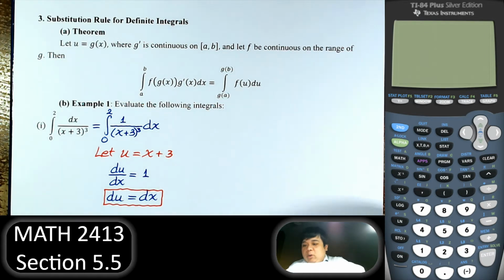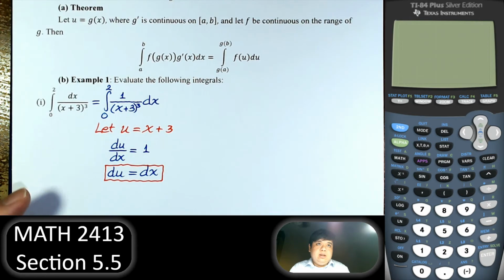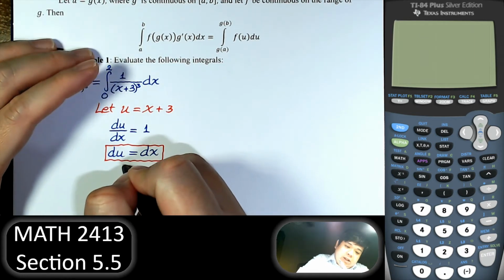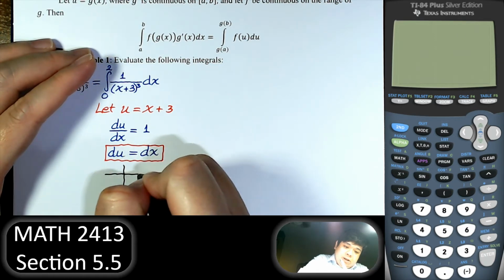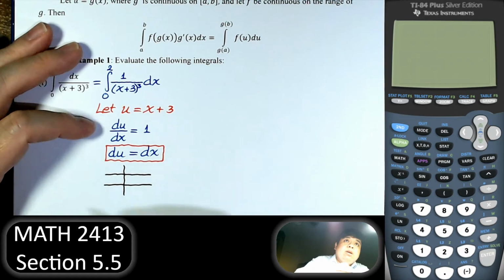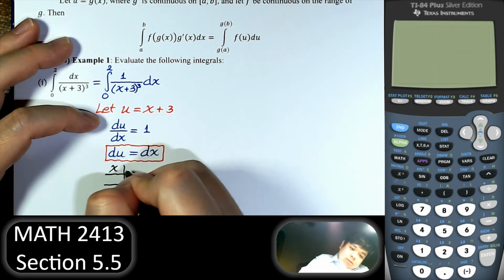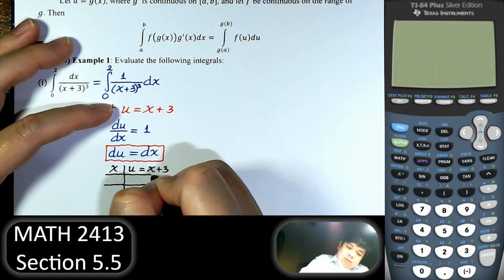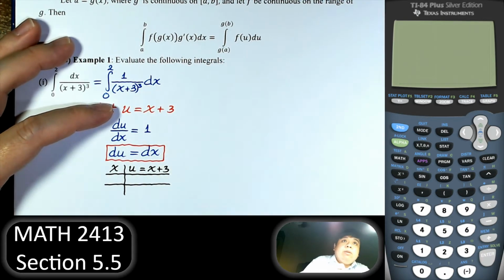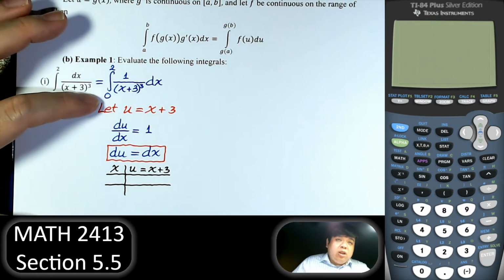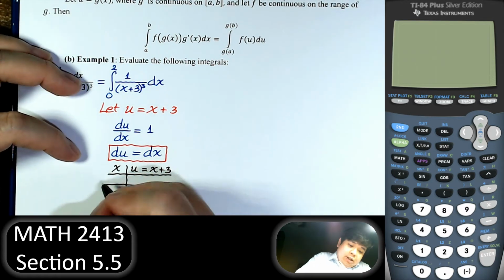Right, now in this problem, we also need to change the limit. u is equal to x plus 3, and we have x equal to 0 and x equal to 2.